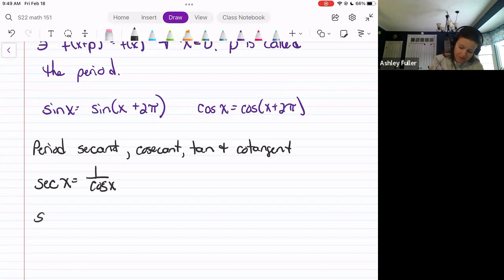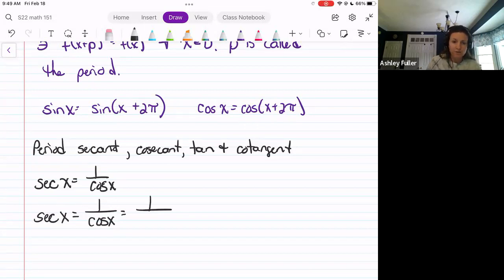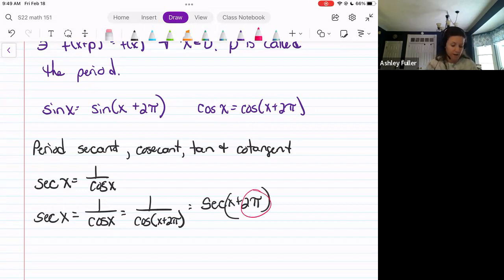We just stated that 1 over the cosine of x would be equal to 1 over the cosine of x plus 2 pi, and based on the definition of secant, that would be equal to the secant of x plus 2 pi. So the period of secant is also 2 pi.